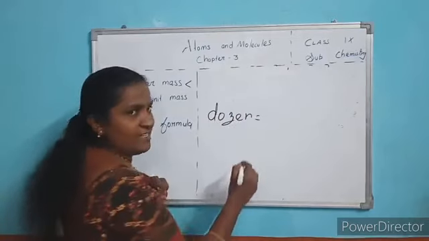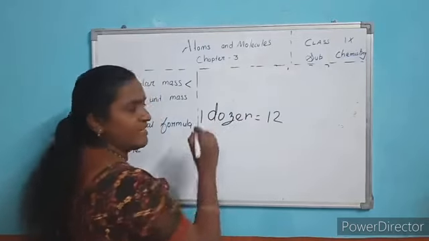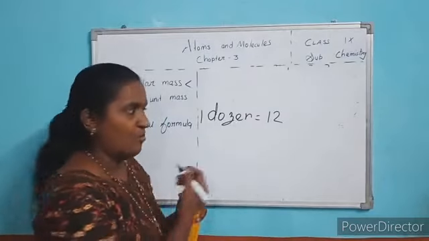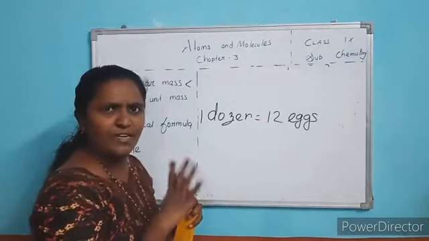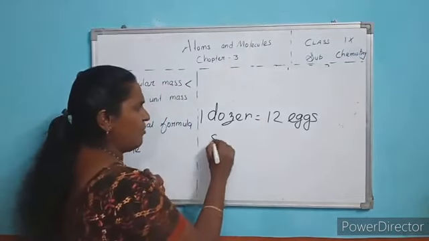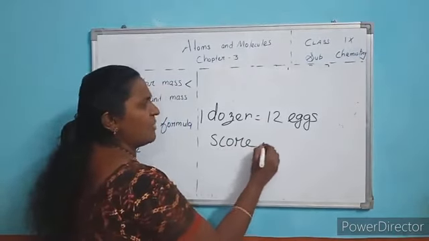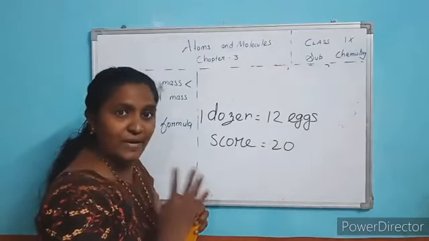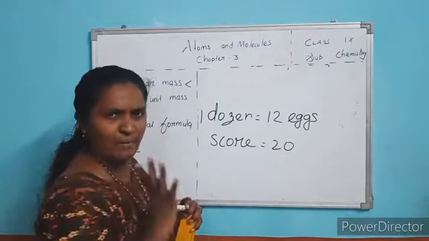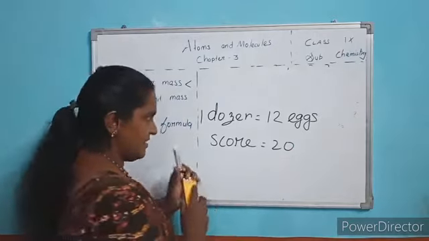What is the meaning of dozen? 12. 1 dozen bananas means 12 bananas. 1 dozen eggs means 12 eggs. Only a number. And a score. 1 score paper means 20 papers. Only a number.